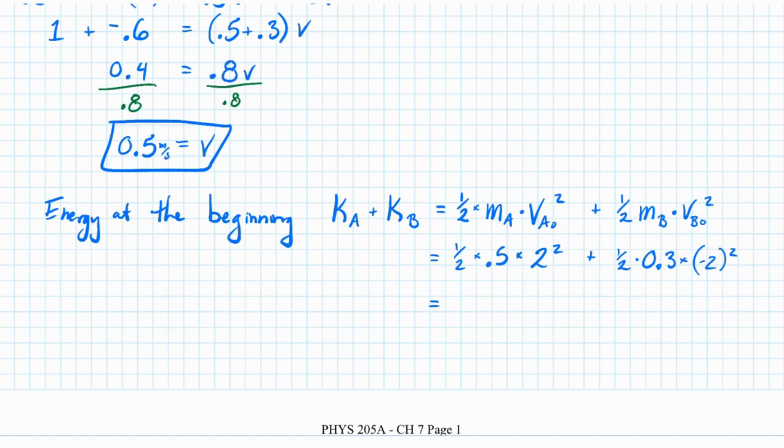I just need to add the two different blocks together, both A and B. So I have 1/2 times mass times velocity squared for each of them. And I went ahead and plugged in the mass of 0.5 and positive 2 for A, and a mass of 0.3 and a velocity of negative 2 for B. And then I just need to plug it into my calculator.